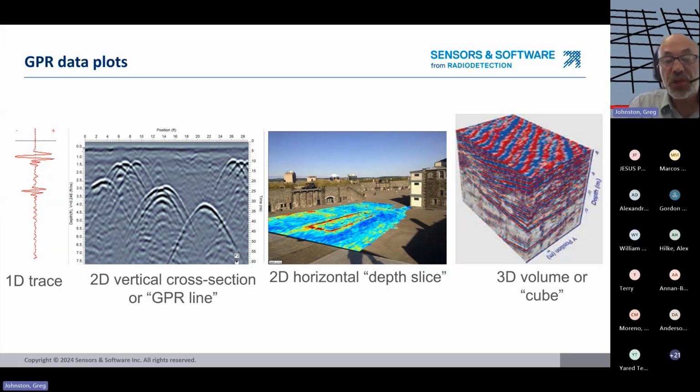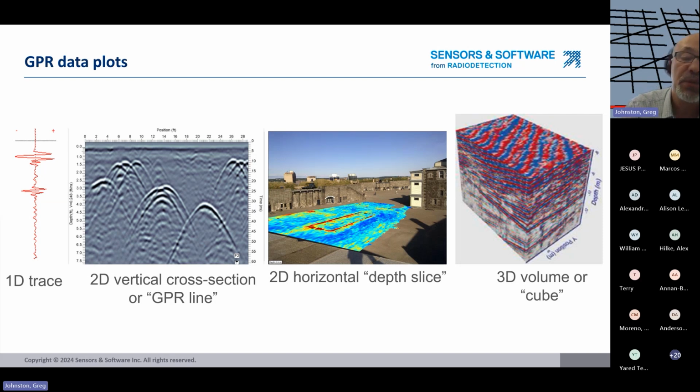When multiple GPR lines are collected to cover an area, they're either collected as a grid or as a pseudo-grid. They can be combined, processed, and plotted as a series of depth slices. And a depth slice is a 2D horizontal map of the subsurface. And the last way is 3D plots.